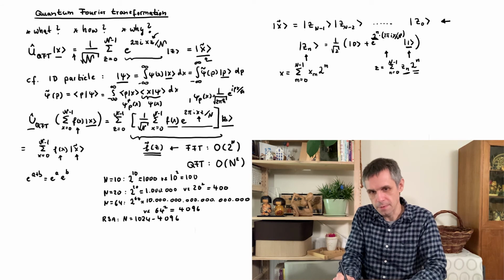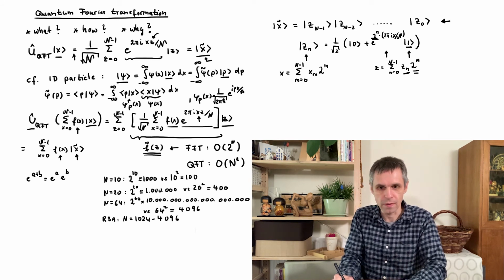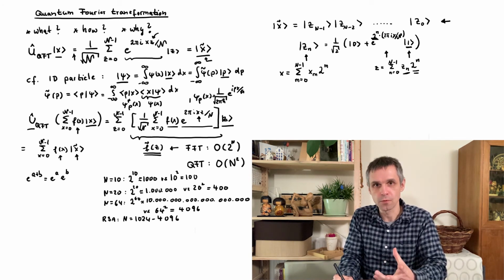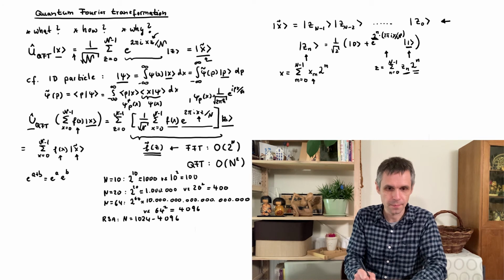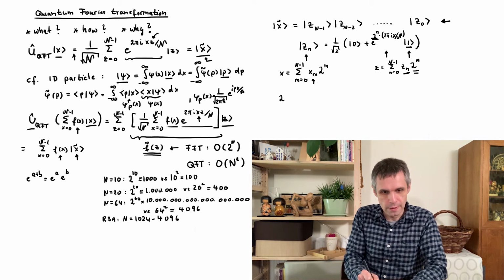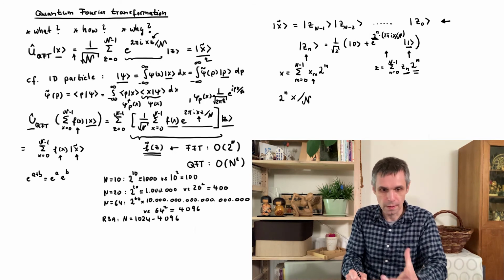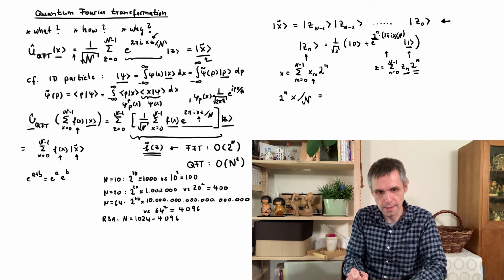And with this we realize, when we once more look at these factors, that fewer and fewer of these binary digits, these bits here, are relevant when we increase the value of little n. So when we take 2 to the n times x and divide this by 2 to the capital N, then we can also write it in the following way.